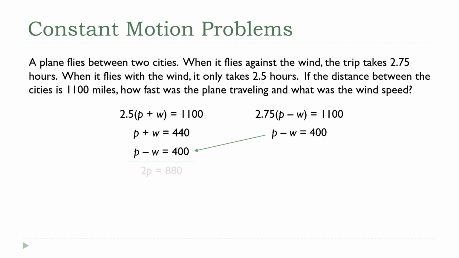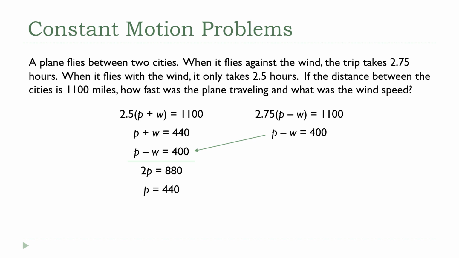When I do that, I get P plus P is 2P. W minus W is 0, so that part goes away. 440 plus 400 is 880. Now we're down to one variable. Divide both sides by 2, and we get the speed of the plane: 440. Okay, now I still need the wind speed.